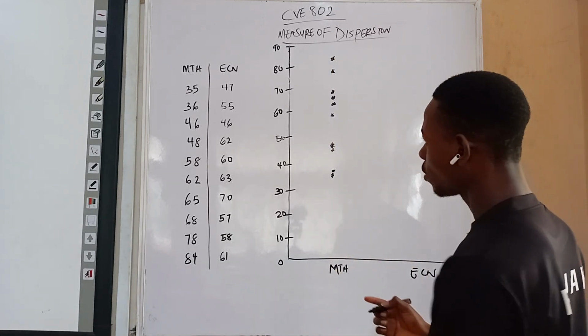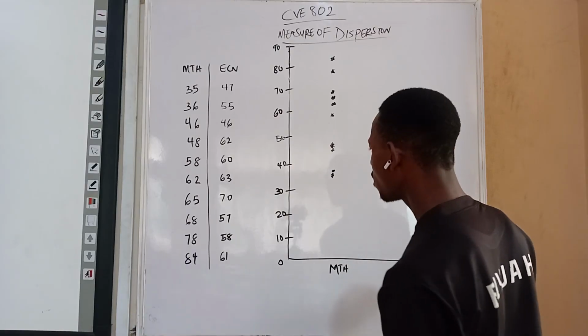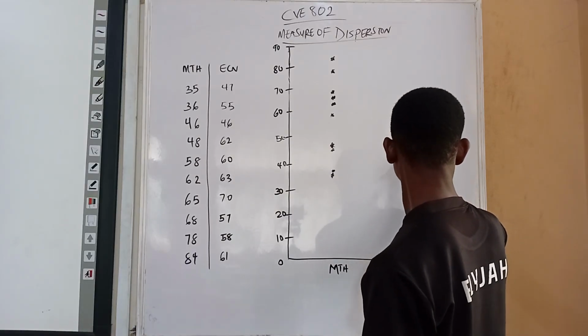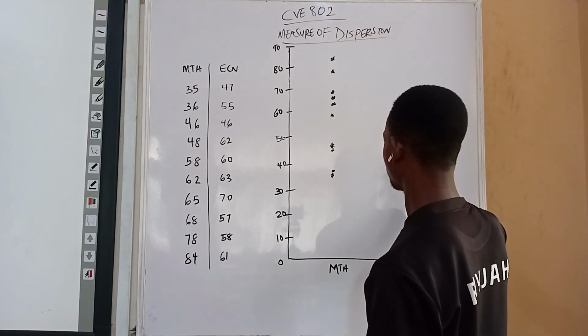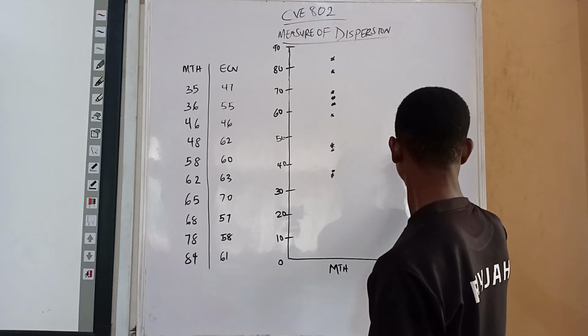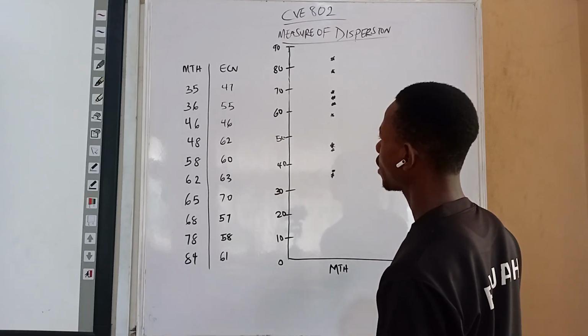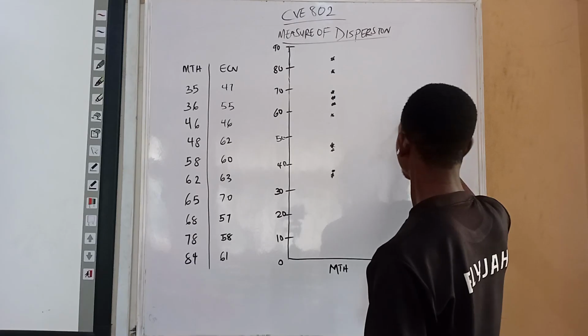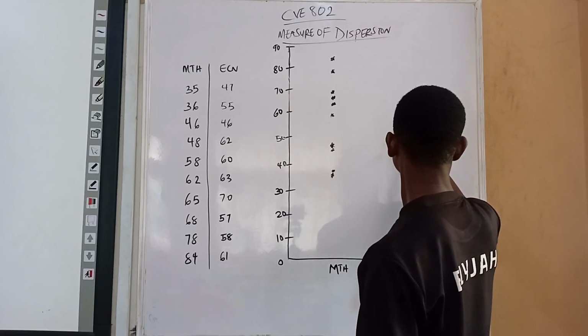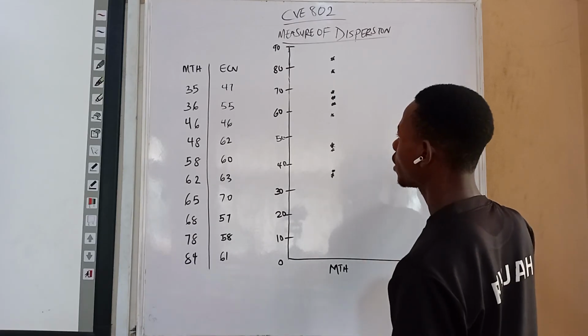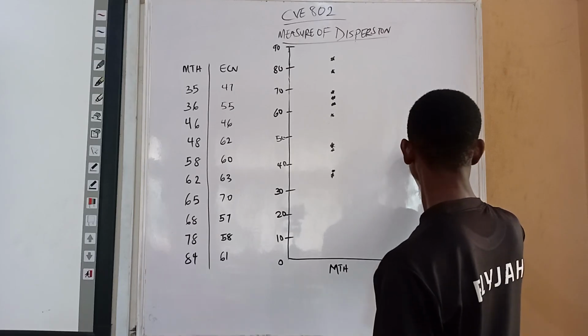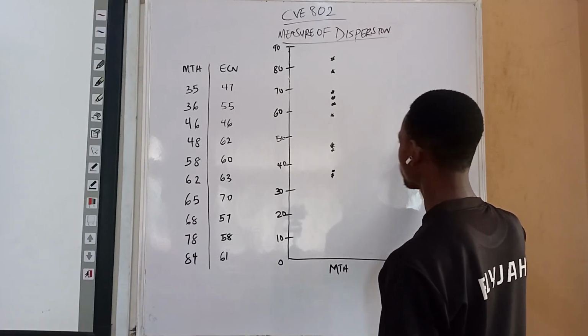Let's do the same thing for economics. The first one we have is 47, then 55, then 46, which is just below 47.